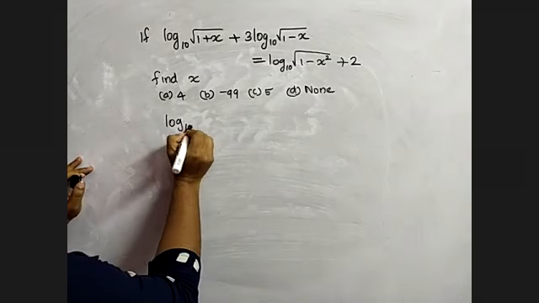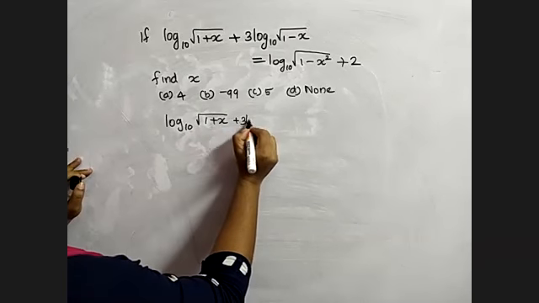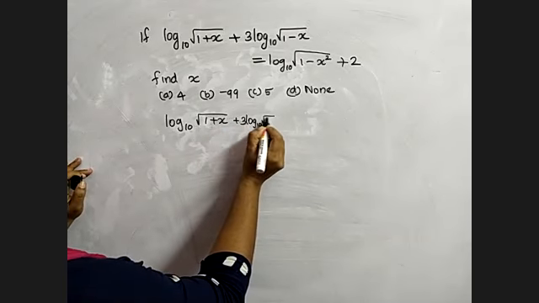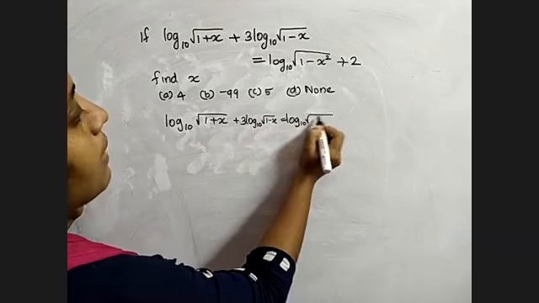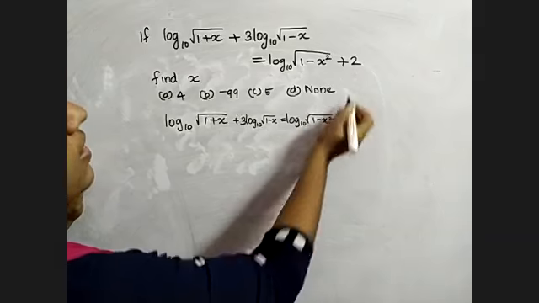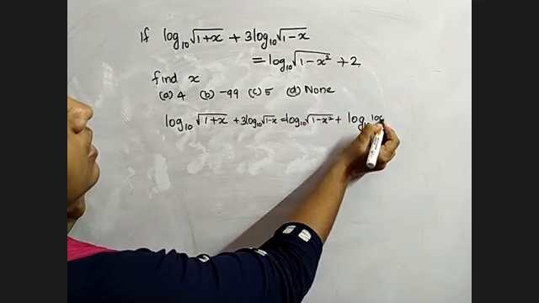Log to the base 10 root of 1 plus x plus 3 log to the base 10 root of 1 minus x is equal to log to the base 10 root of 1 minus x square plus this I can write as log to the base 10 100. Is it correct?